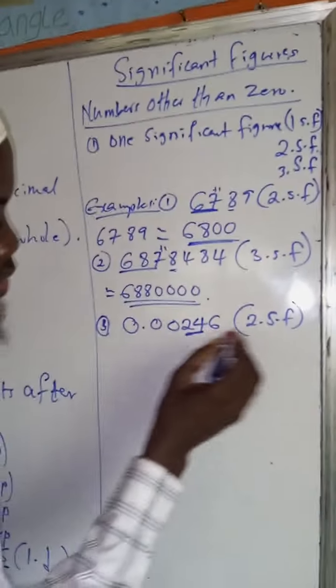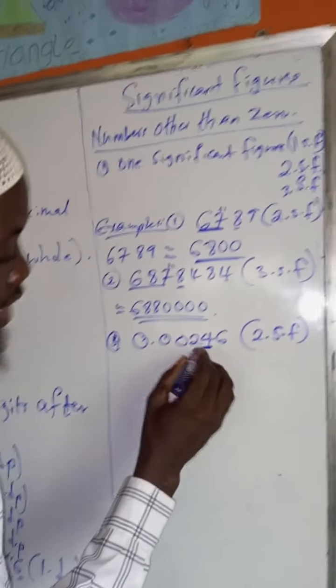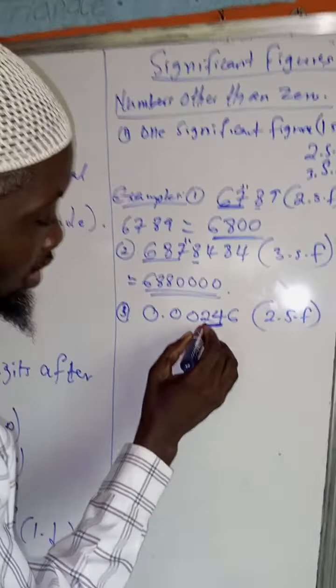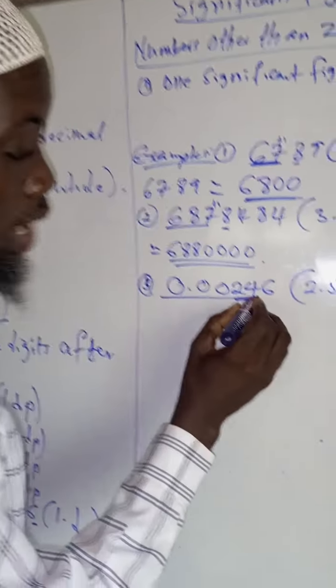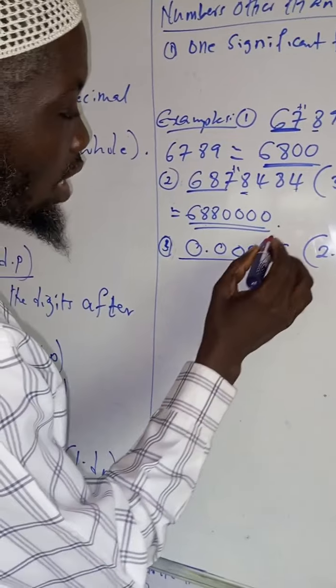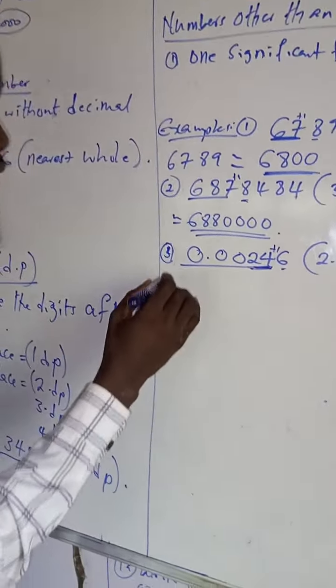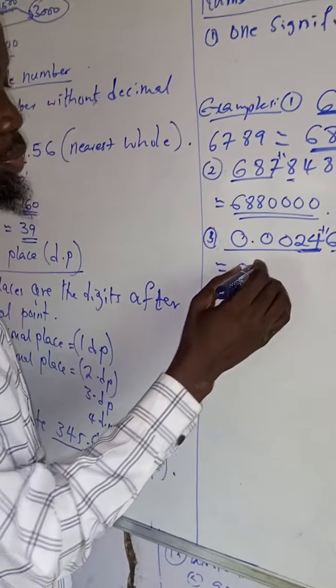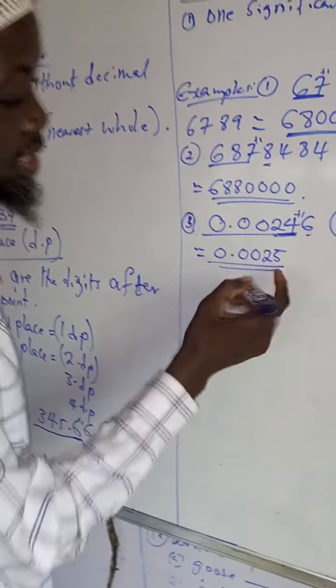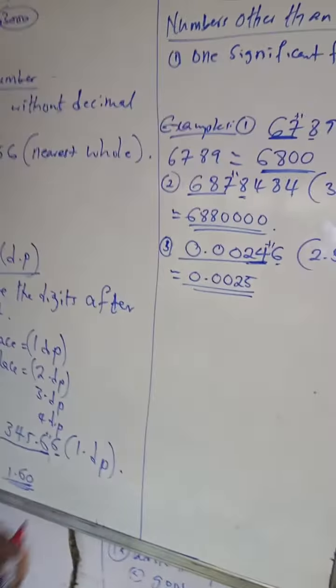Add this one, making 2, this and this, from the beginning you write up to this place. Now you consider the next one, is it up to 5? Add it to the one. So it's approximately equal to 0.0025. You can see 2 significant figures, and the likes.